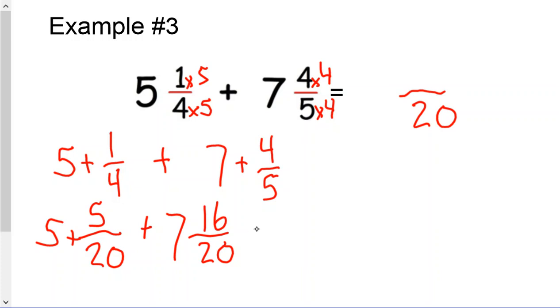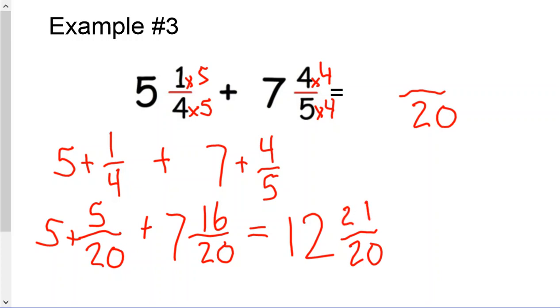Okay, now we have like denominators, and we can just add. We can start with the whole numbers, adding the whole numbers together. So 5 plus 7 will give us 12. So now we have 12 as our whole number, and our denominator is 20. And 5 plus 16 will give us 21.